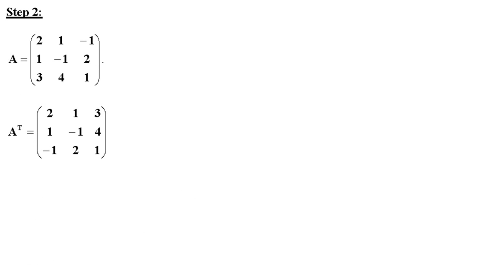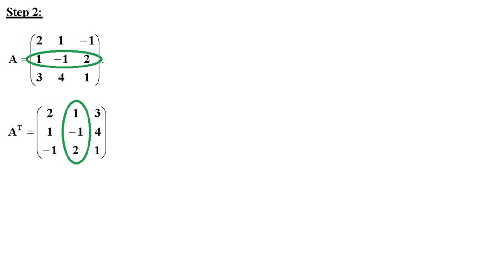Now step number two to working out the inverse is to find the transpose of the matrix. So what I normally do is I first work out the transpose of your matrix. For the transpose, remember, the rows of your given matrix will become the columns of your transpose matrix. So the first row, 2, 1, minus 1, will be the first column, 2, 1, minus 1 of your transpose matrix.